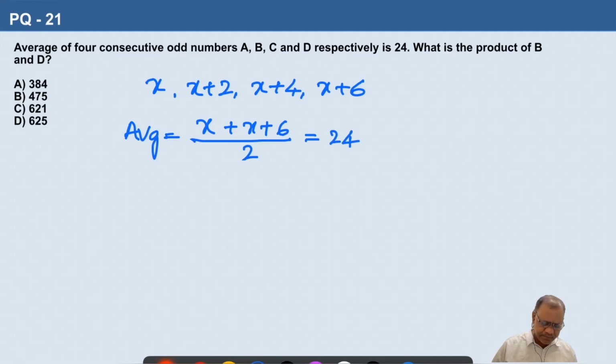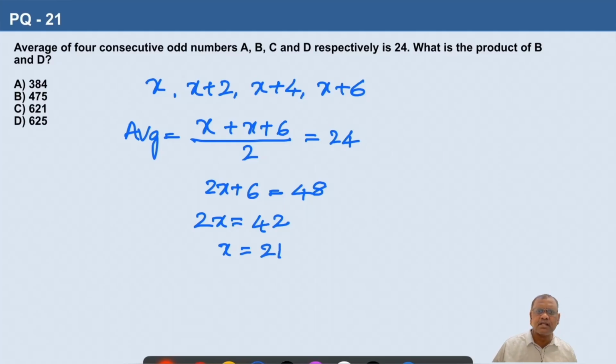Simplify this. 2x plus 6 is equal to 48 by cross multiplication. 2x is equal to 48 minus 6, 42. x is equal to 42 by 2, 21.